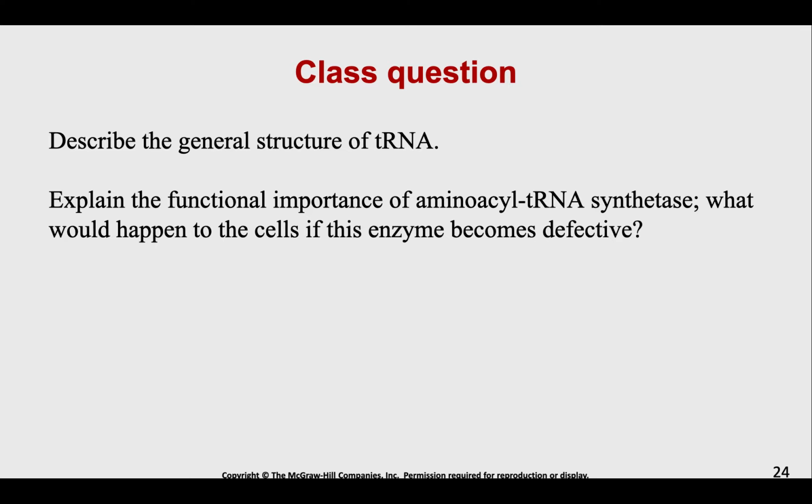Saying tRNA too many times today. So what would happen to the cell if that enzyme became defective? What might be the result? What can't we do? We can't translate, because we don't have the amino acids on the tRNA molecules. We can't add them to the tRNA molecule. This was a kind of reaching question that's going to lead into what we're looking at next, because that tRNA molecule plays a critical role in translating that gene into an actual functioning protein.